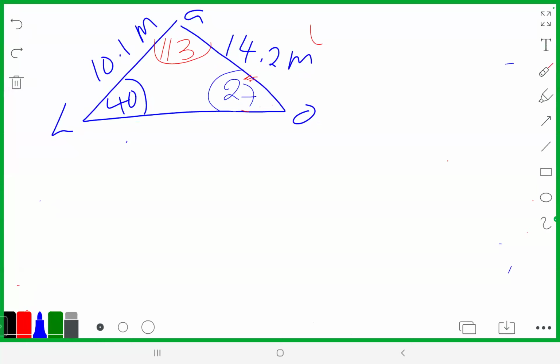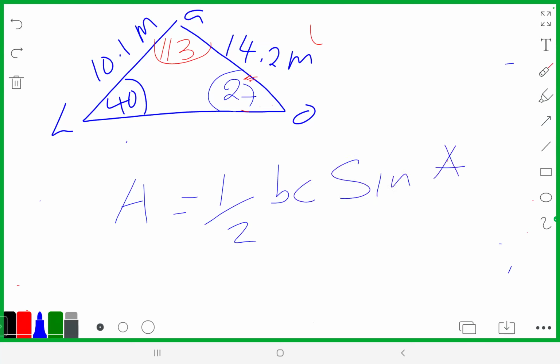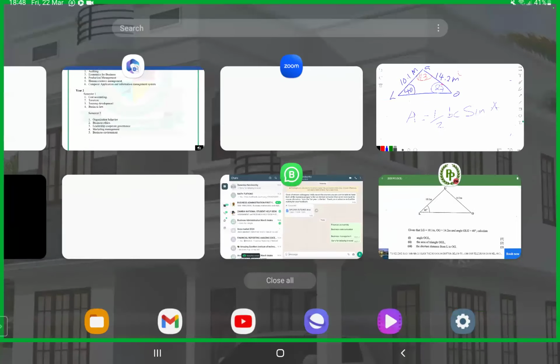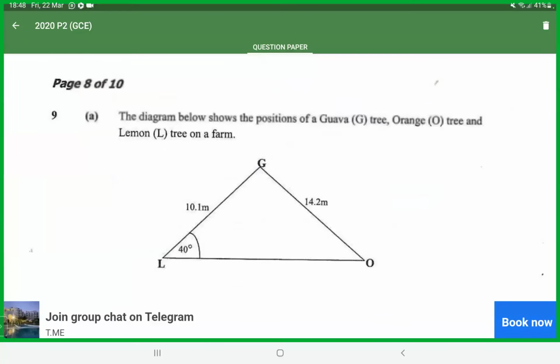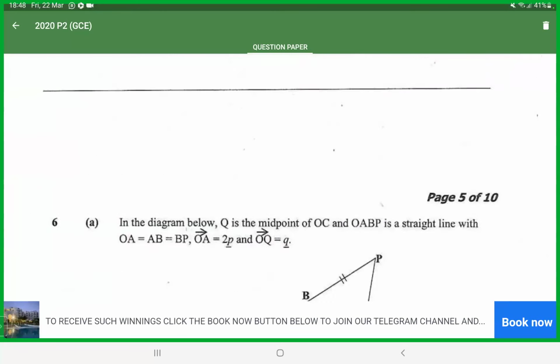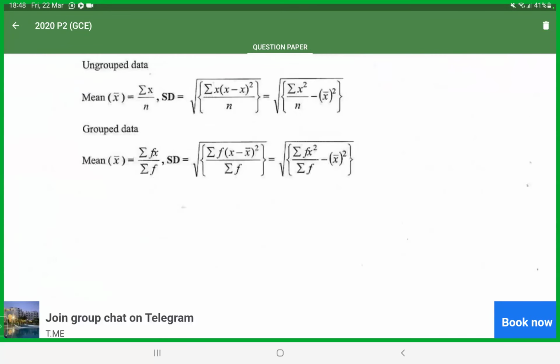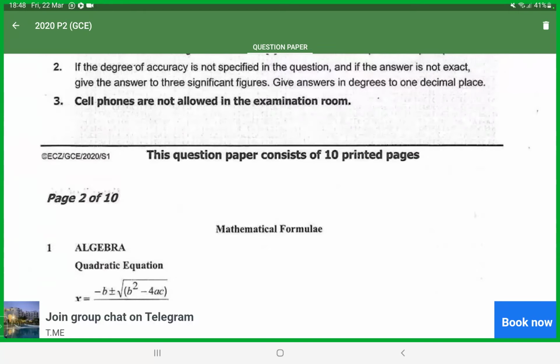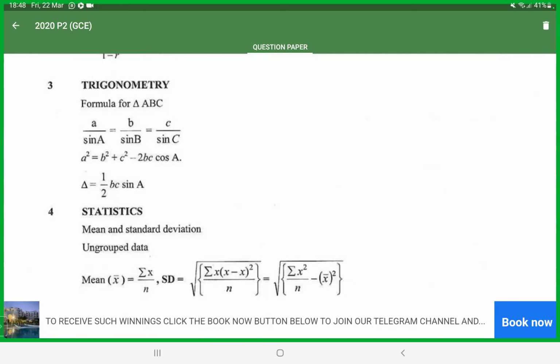We are given that the area of a triangle is equal to half b times c sine A. That is the general one. That's how you find the area.